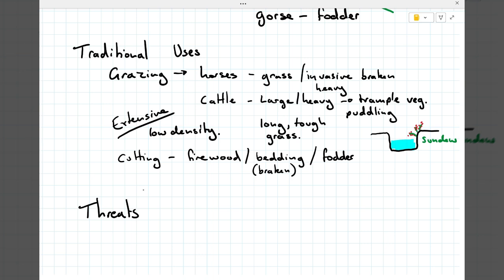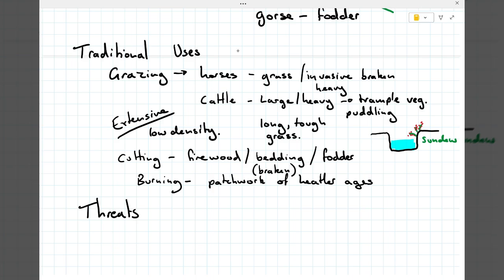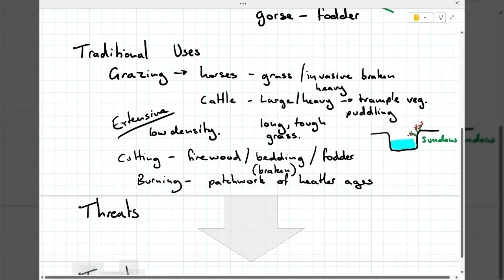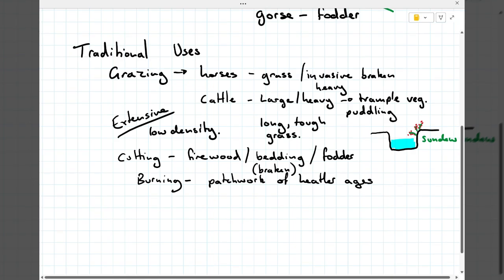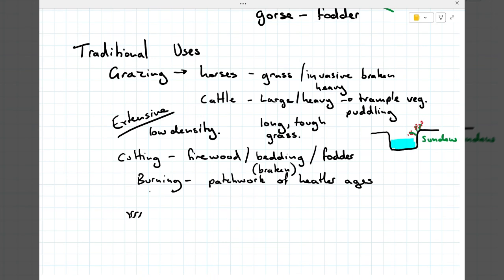And then the burning, which results in this patchwork of heather ages. And this is important because, if I give myself a bit of space, if you've got young heather, the burning removes nutrients as well, actually.